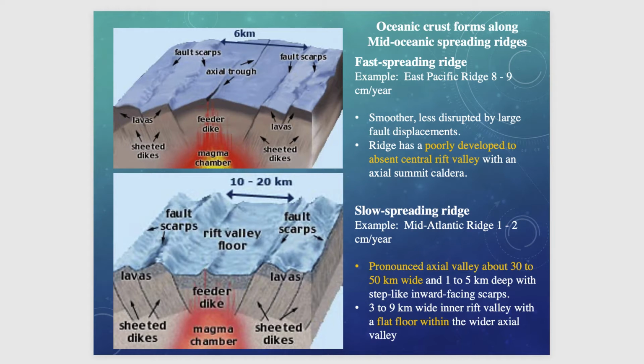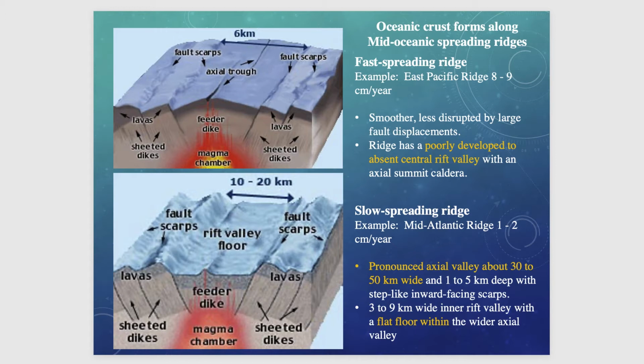Of course, if you have a higher velocity, you need more magma supply. Other things are the fact that the Rift Valley is poorly developed, and this is because since you have a continuous feeding of magma, you tend to have an uplift in the central zone, so you don't really form calderas, which are more typical of a slow spreading ridge center.